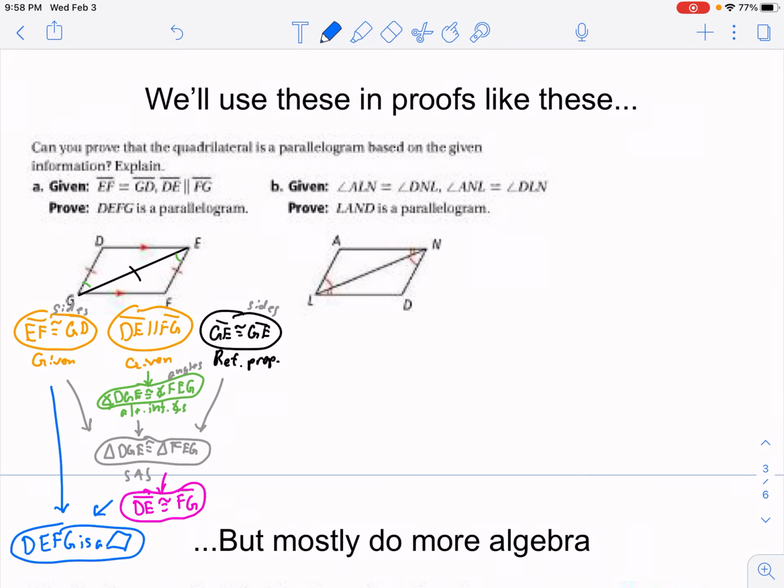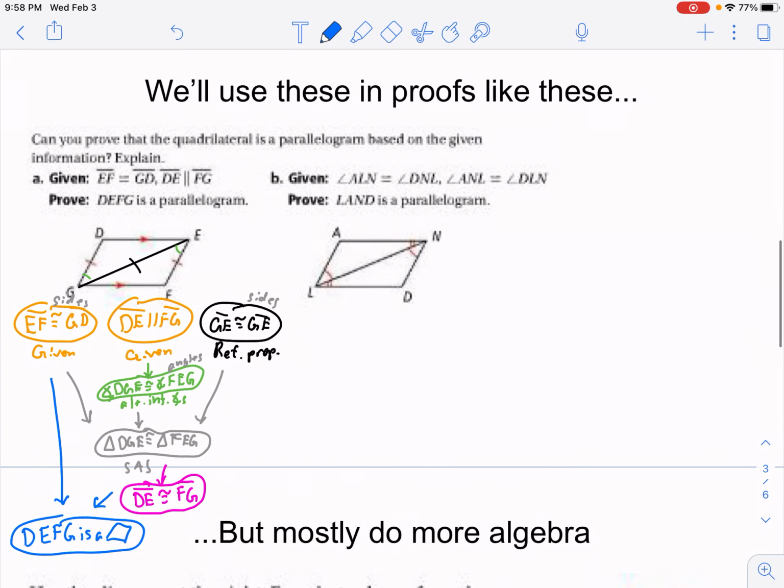DEFG is a parallelogram because opposite sides of a parallelogram are congruent.